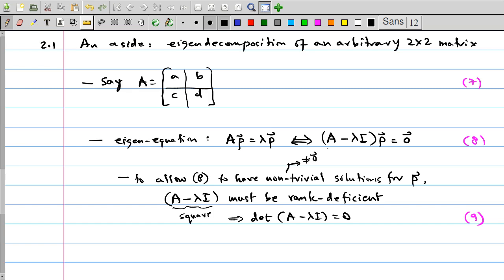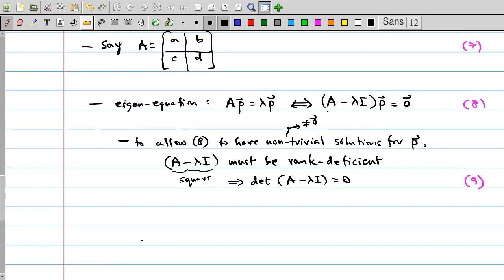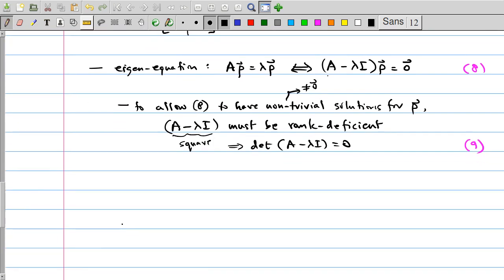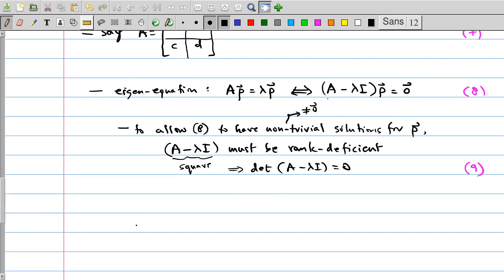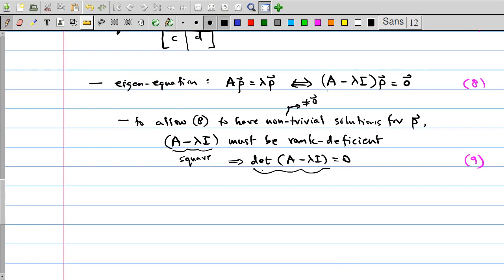That's what linearly dependent means. But what does singular mean? Singular means the same thing as the fact that its determinant is 0. Okay, I should probably write that. Singular means 9.